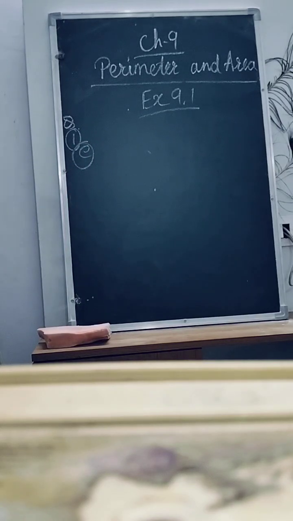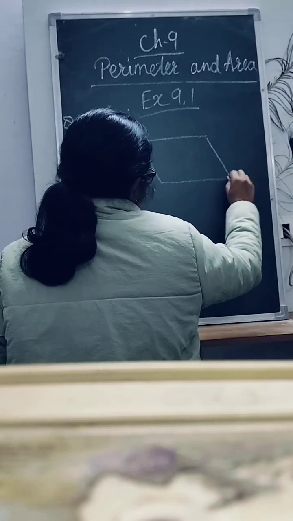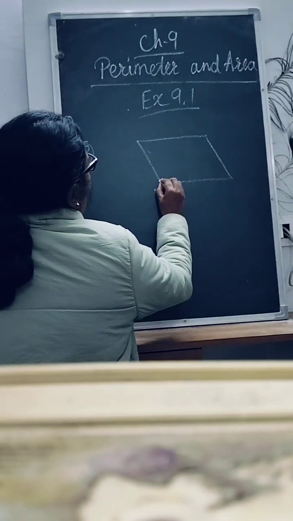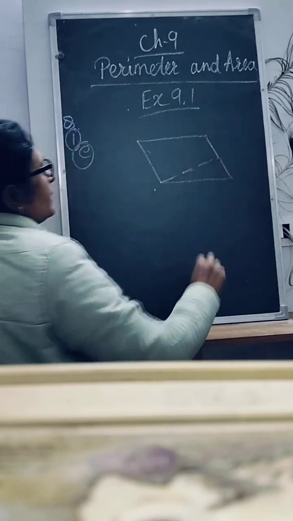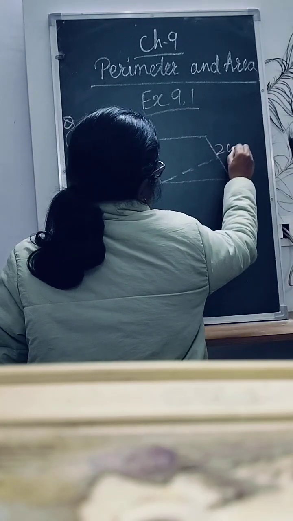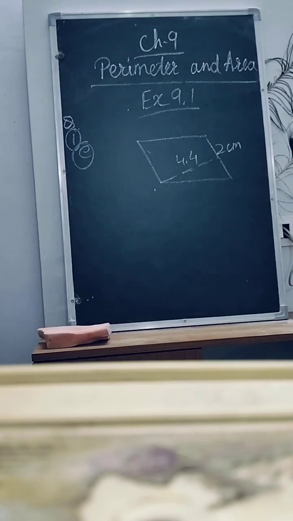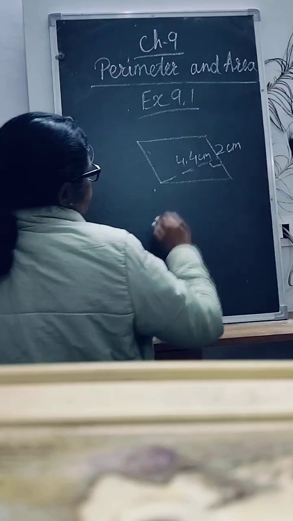E part diagram is again of a parallelogram. Here the height, which is perpendicular, is given to us as 4.4 centimeter, and the other side is 2 centimeter.